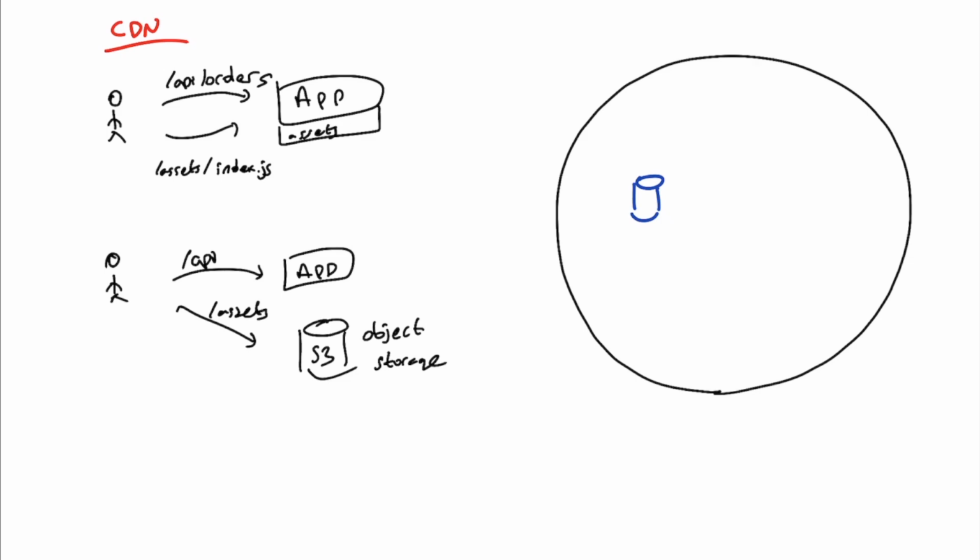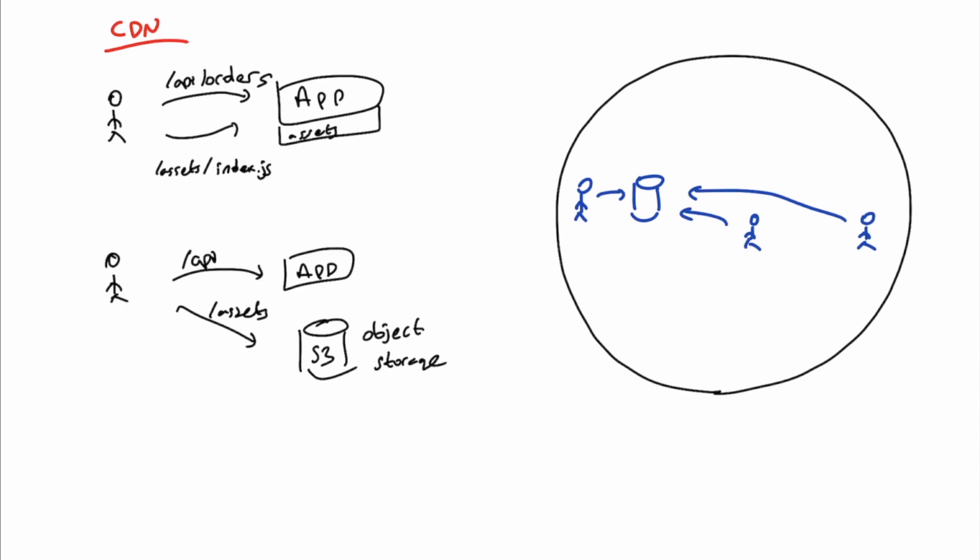But one problem here is you might have some users here in the United States, or you might have some here in Europe or in Asia. So for these users, it's kind of fine, but for these ones and these ones, it's kind of a higher latency request to get those files.